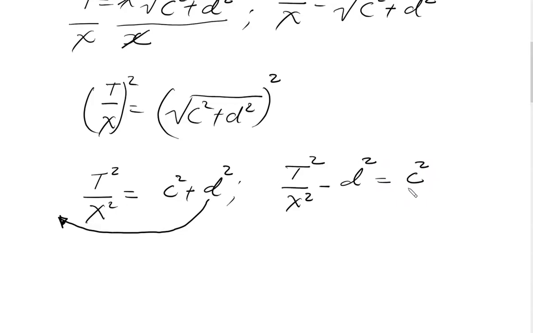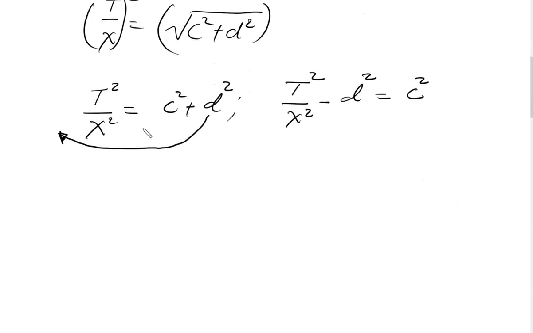Now at this point, we can just flip these terms on the right hand side to the left hand side and these ones to the other side without affecting the equation. So C squared equal to T squared over x squared minus D squared.